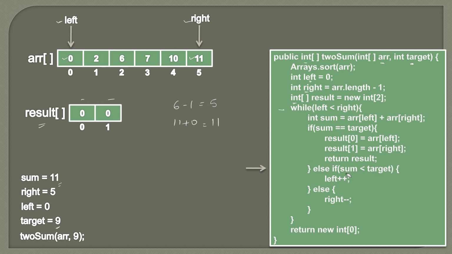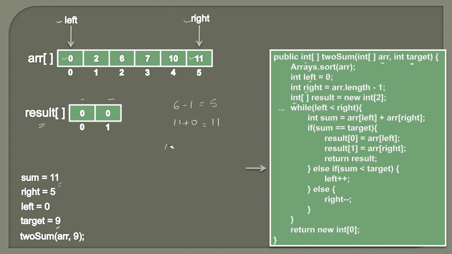Now the reason we have provided this condition is that when we sorted this array in ascending order, the advantage comes into picture at these 2 steps. So if 11 is not equal to 9, which means sum is not equal to target, there are 2 possibilities, either sum is less than target or sum is greater than target.